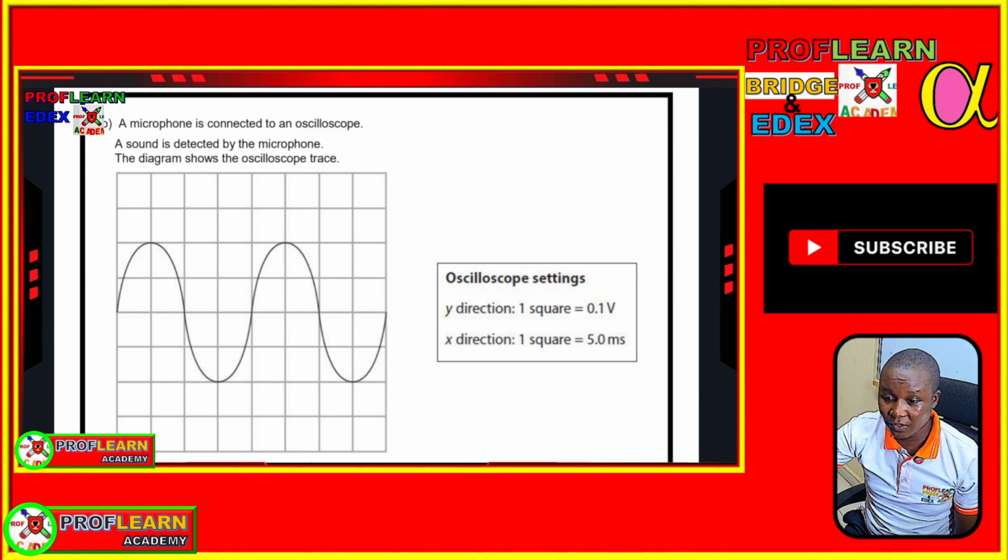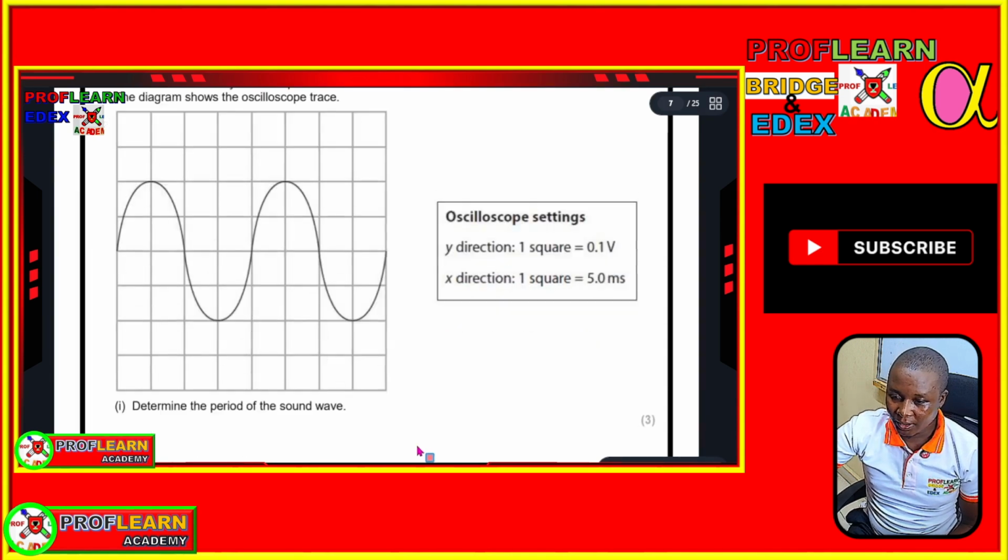Once you've identified that, we are going to look at how many boxes make one complete cycle. We count the number of boxes that gives us a complete cycle so that we can work out the time period. In our diagram, one cycle is after how many boxes? 1, 2, 3, 4. 4 boxes.